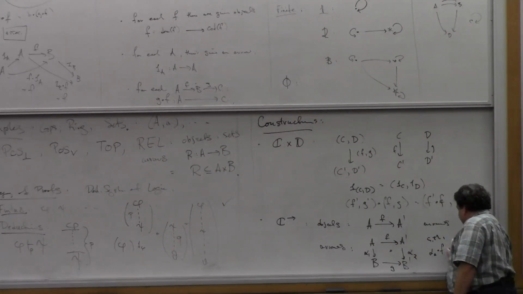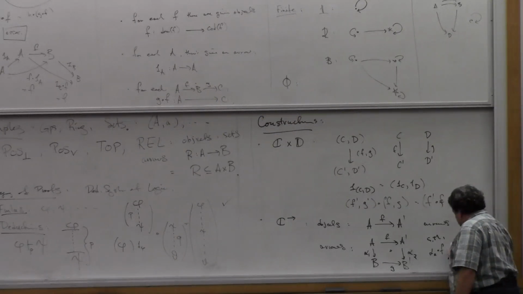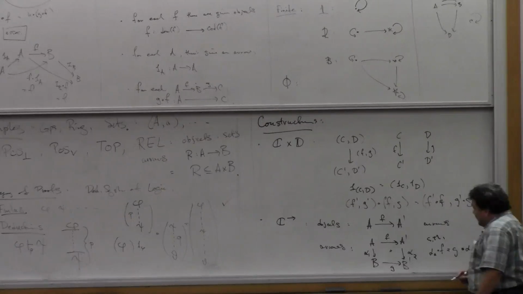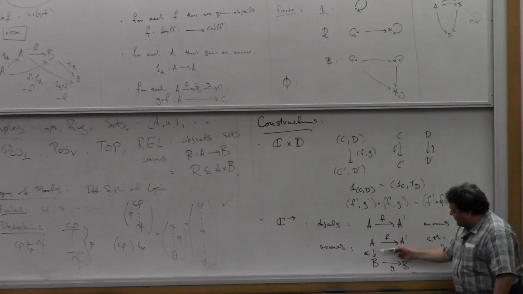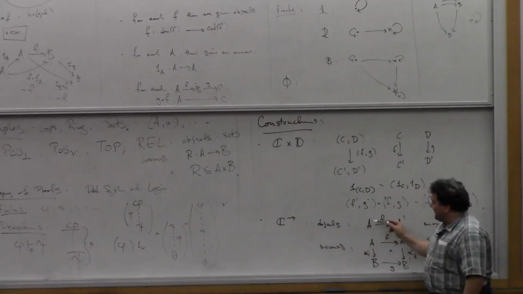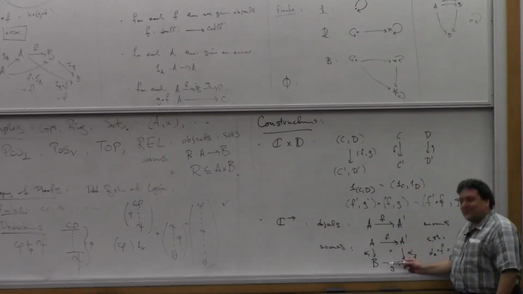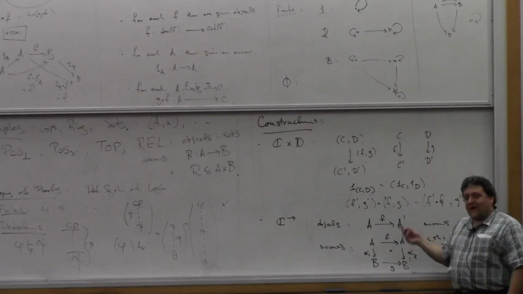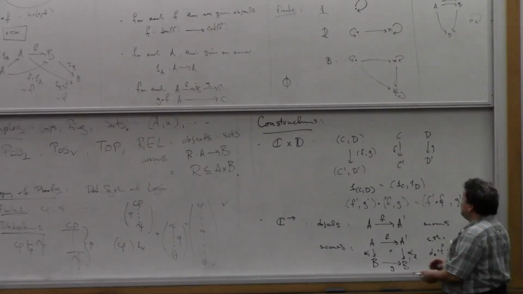Alpha 2 after F equals G after alpha 1. So an arrow in this category is a commutative square in C. An object in the arrow category is an arrow in C. An arrow in the arrow category is a commutative square in C. Okay? It's just kind of a compound operation there. And obviously, you can keep going in that way.